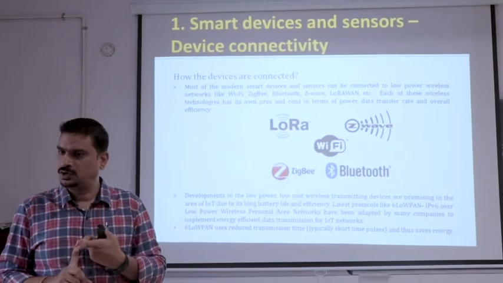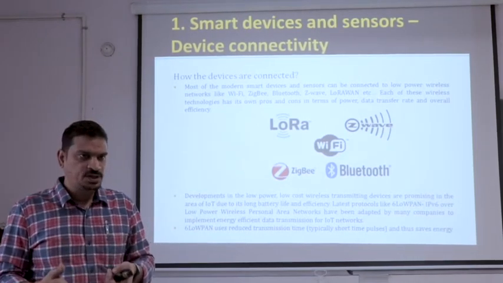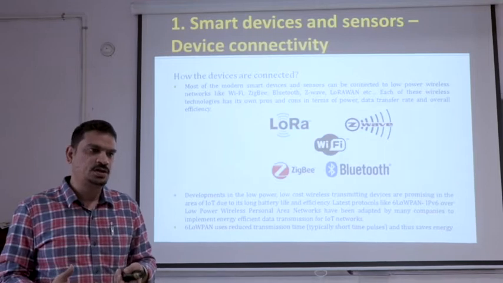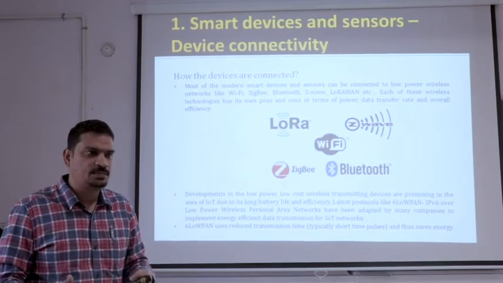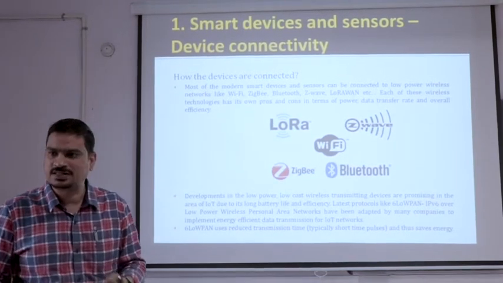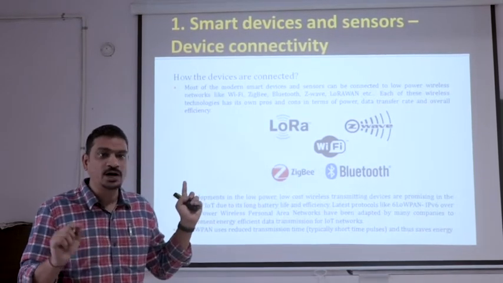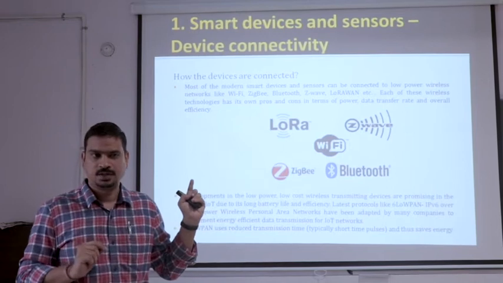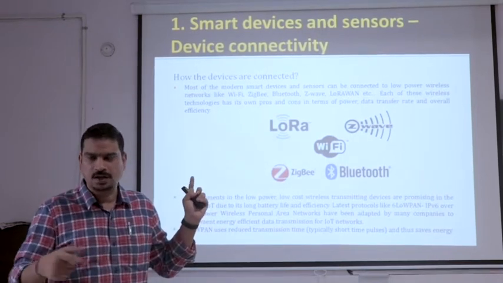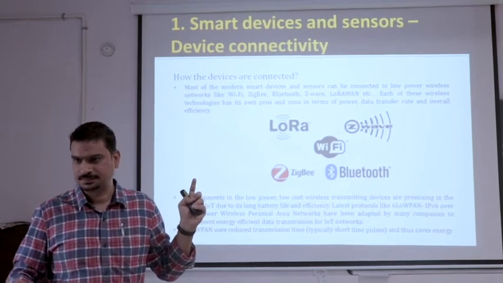Okay? And in this particular project, IEEE 802 project, different technologies have come and they have given different standards to those technologies. So Wi-Fi has 802.11 and in that also we have some flavors like A, B, C.